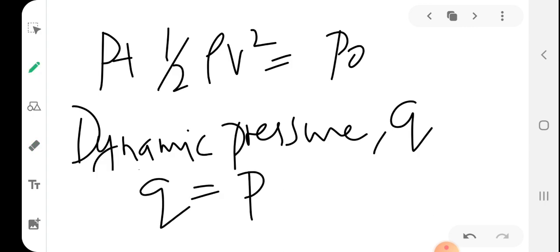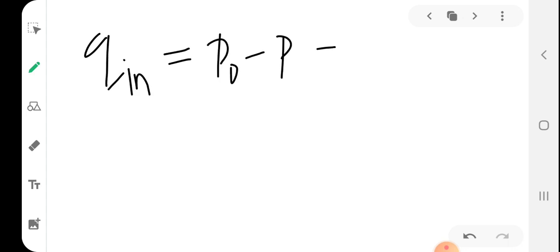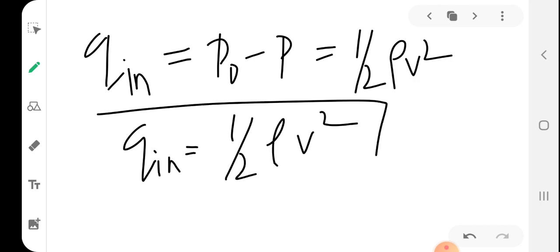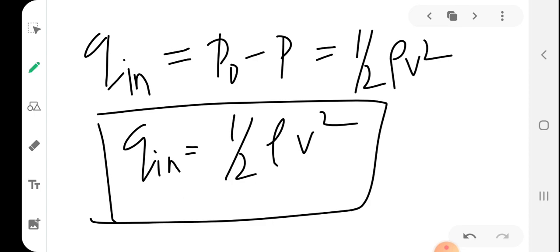Q is nothing but P0 minus P, the difference between stagnation pressure and static pressure. So in case of incompressible fluid flow, P0 minus P is nothing but half rho V square. So Q incompressible can be written as half rho V square. So you keep it here.